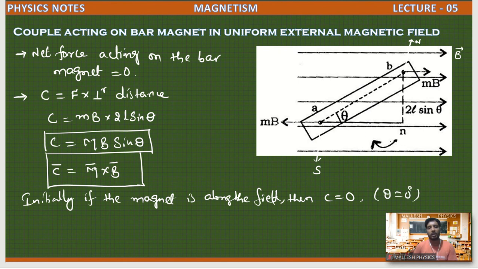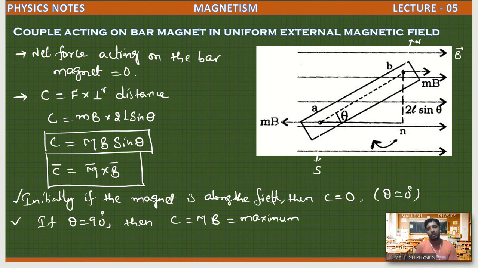As theta is equal to 0, the couple is 0. Next, if theta is 90 degrees, then the couple acting on it is maximum. If theta is equal to 90, then the couple C is equal to mB sin 90, so mB, which is the maximum. So this is about couple.